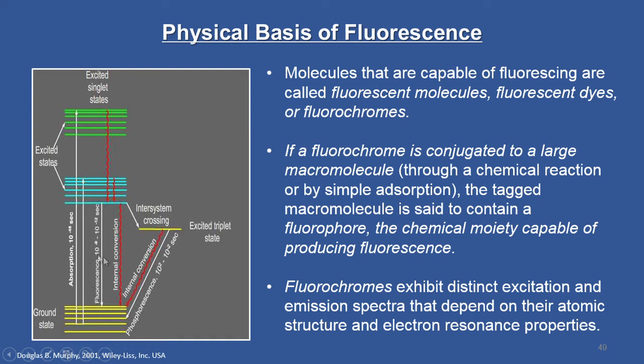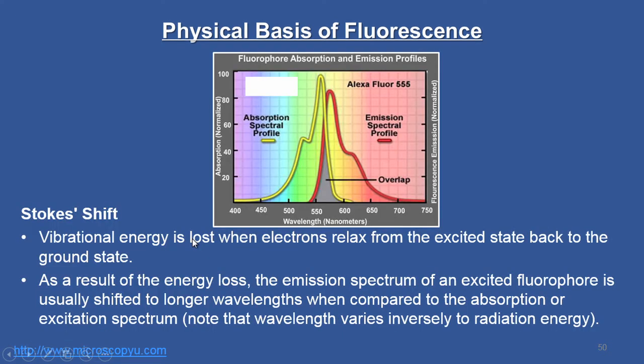And you can see a lot of phenomena: absorption and fluorescence, internal conversion, and then intersystem crossing and phosphorescence and so on. So what does the fluorescence microscopy have to do with this? We will see that.